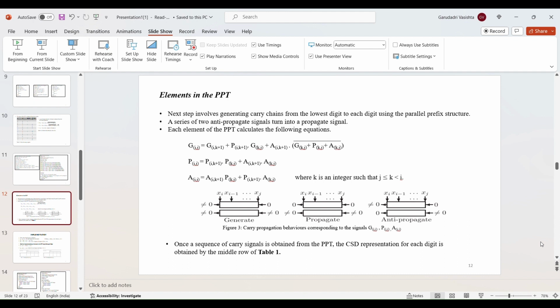So the final conclusion is, to calculate G of i comma j, we need G of i minus 1 comma i minus 1, G of i minus 2 comma i minus 2, up to G of 0 comma 0. From that we can calculate these carry chains of all generate, propagate, and anti-propagate.